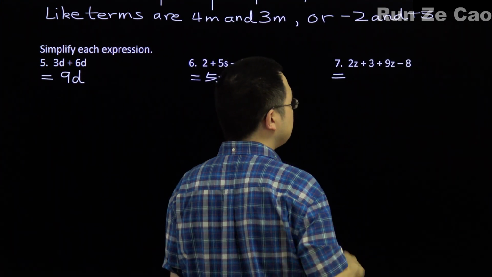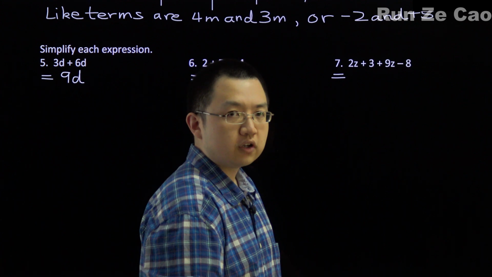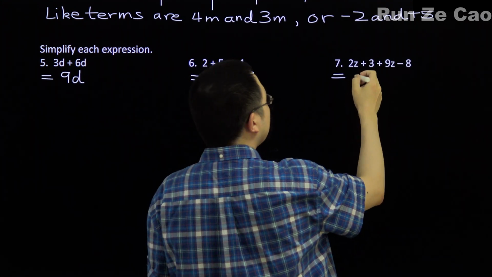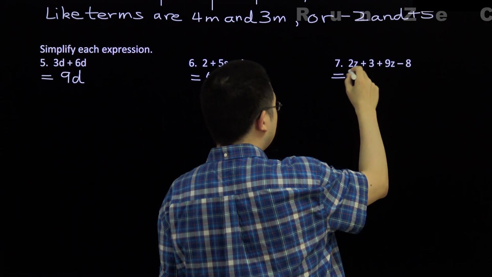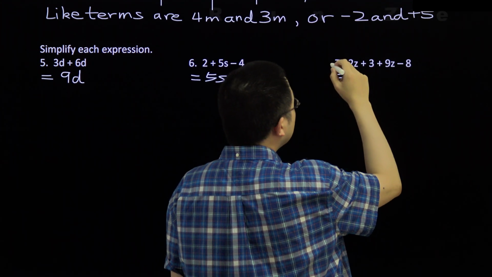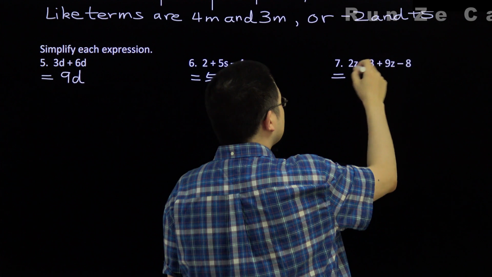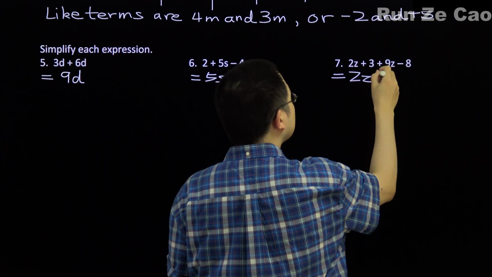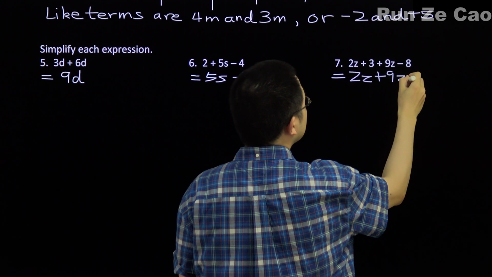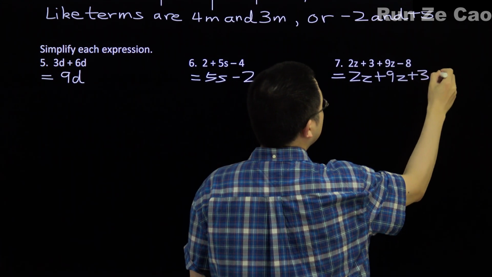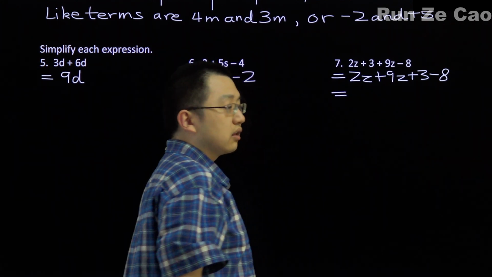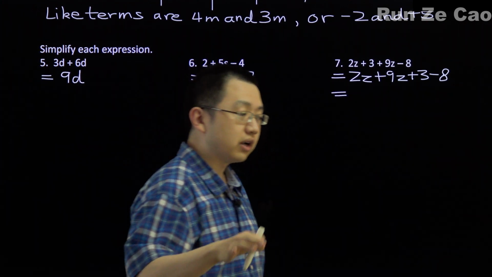2z plus 9z plus 3 minus 8. If you are not comfortable with going straight to the conclusion, it's fine to spend a step writing out the like terms grouped together, okay? Like you can go 2z plus 9z plus 3 minus 8. There's nothing wrong with this at this level, at least, like at this grade level.